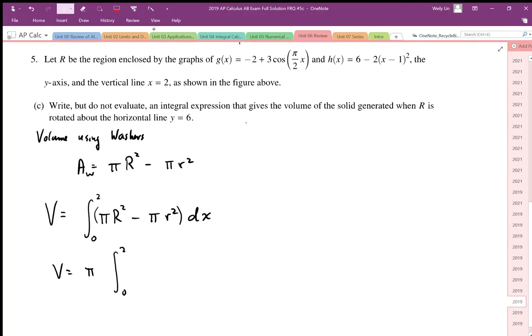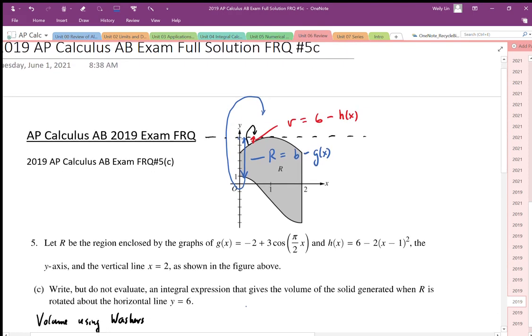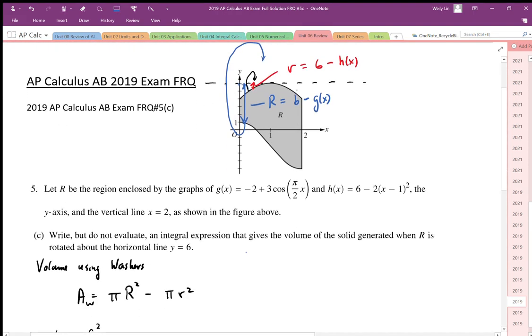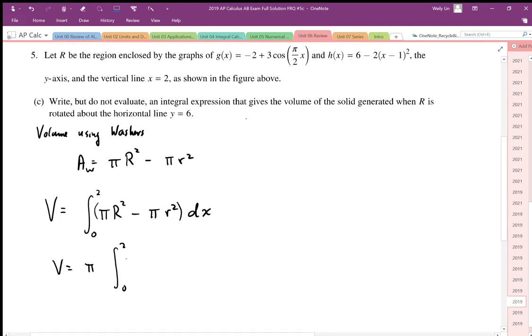The big R is going to be 6 minus g of x. Make sure that looks like a 6. Okay, so we end up with 6 minus g of x, squared.